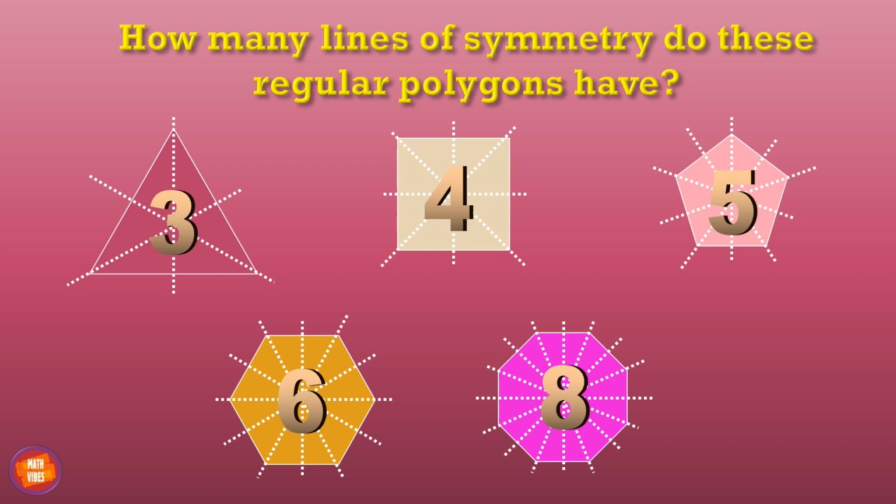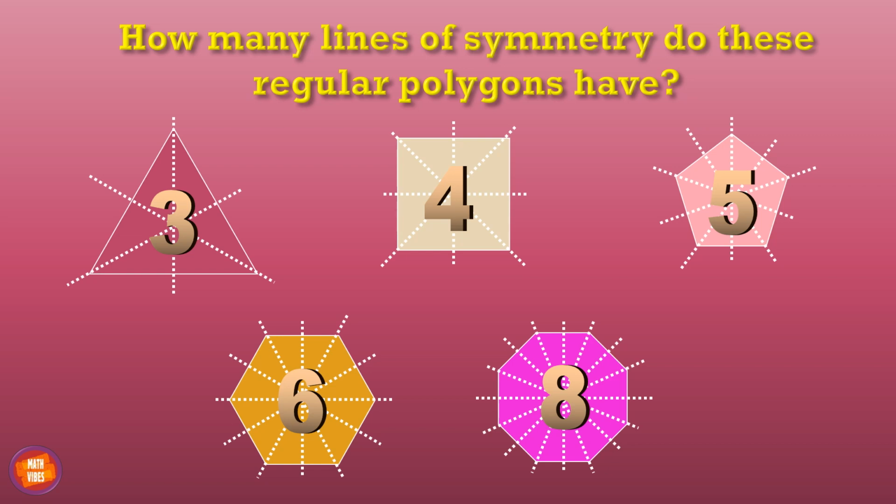See, in regular polygons, the number of sides is equal to the number of lines of symmetry. The number of sides will be the same as the number of lines of symmetry. If it is a 3-sided regular polygon like an equilateral triangle, then the number of lines of symmetry will be 3.